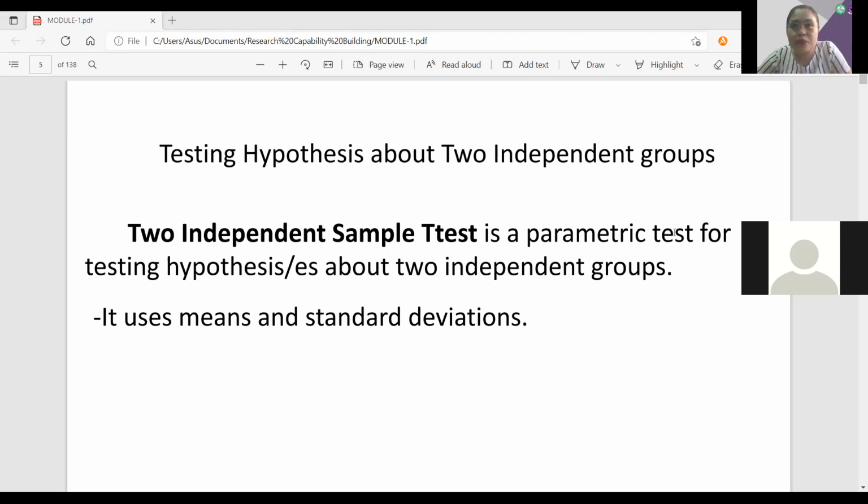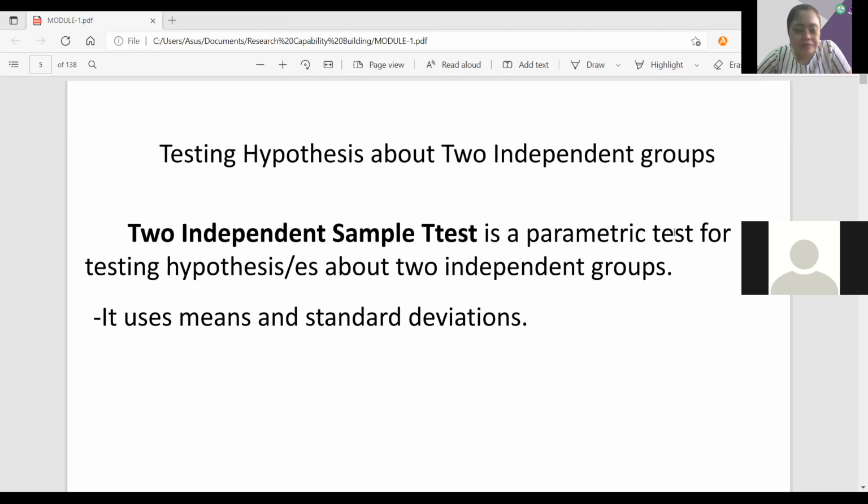The panelist will be really looking for that, especially in the discussion section. What will be your decision? In the first part of your paper, you are proposing this hypothesis. And in the last part, you really have to decide whether to accept or to reject that.